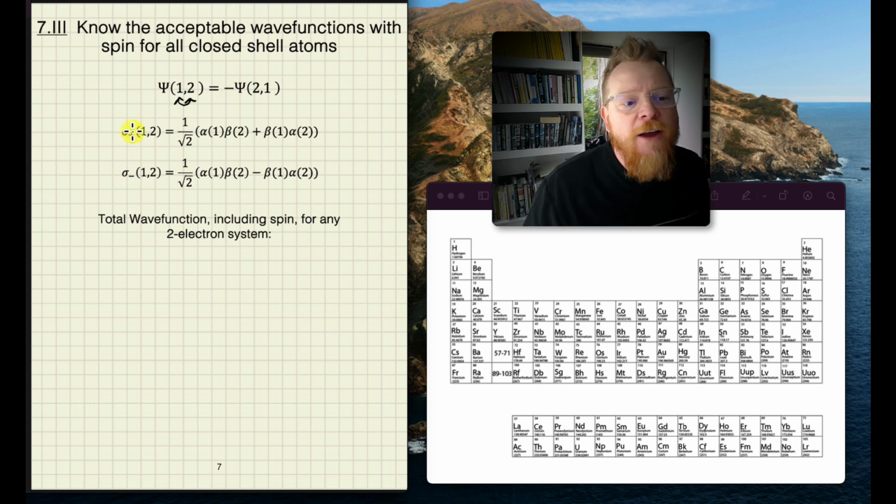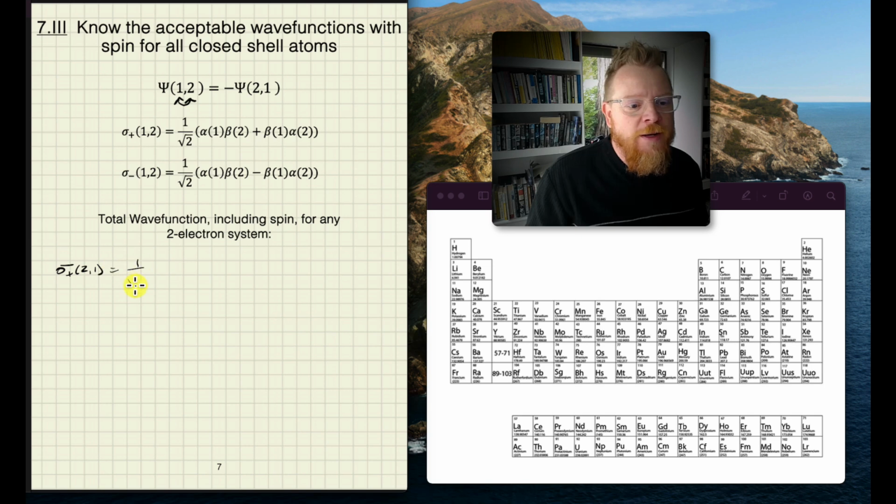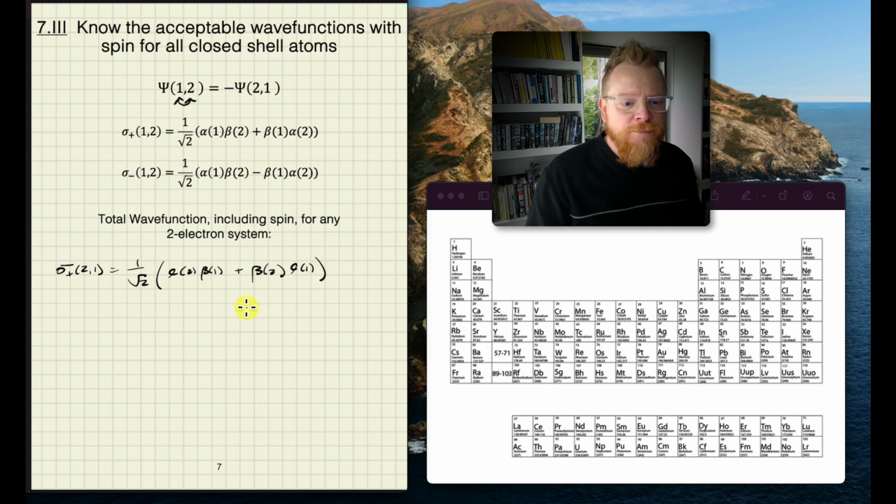So looking at our sigma plus and sigma minus state, we want to exchange those labels and test if we get this result. So we'll first do that on the sigma plus state by writing sigma 2, 1 and just exchanging the labels. So now that becomes alpha 2, beta 1 plus beta 2, alpha 1.